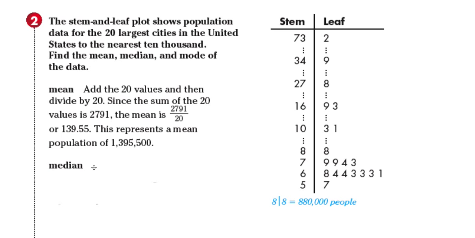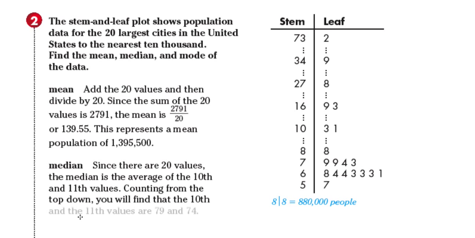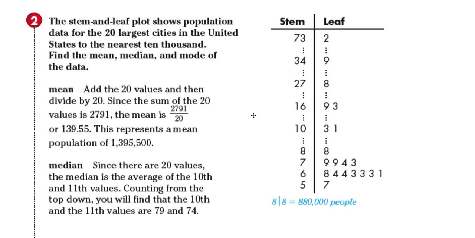Median, okay, for the median, since there are 20 values, the median is the average of the 10th and the 11th values. Counting from the top down, you'll find the 10th and 11th values are 79 and 74. So 1, 2, 3, 4, 5, 6, 7, 8, 9, 79 right here, and 74, this one and this one.